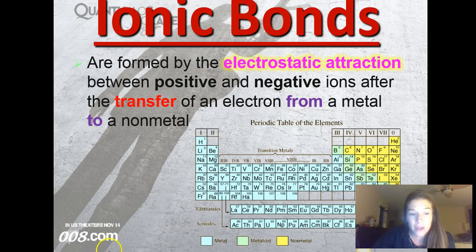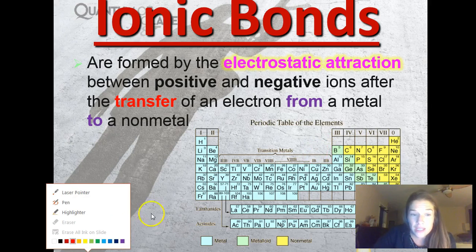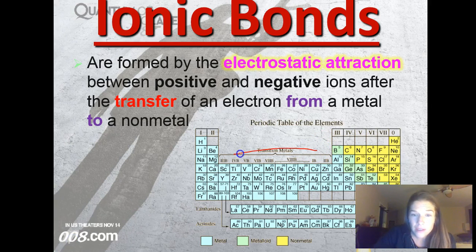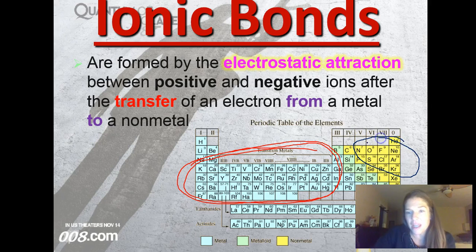It is the metals, okay? So these metals over here, they like to give it up. They're the losers. And then on the other end, over here, we have the nonmetals. These are the gainers. So we're transferring from a metal to a nonmetal.